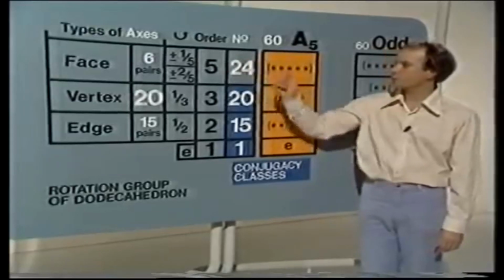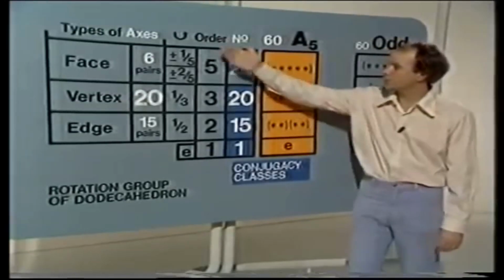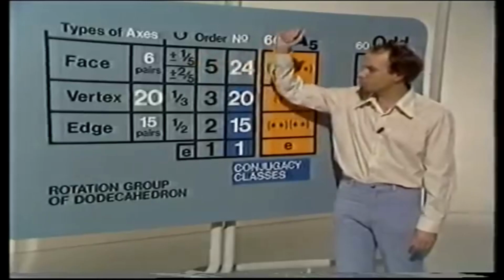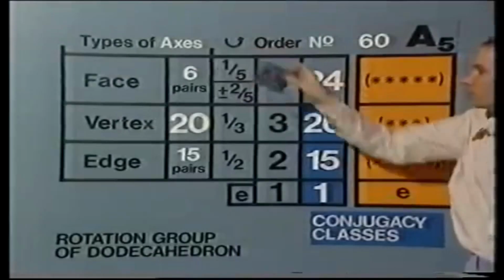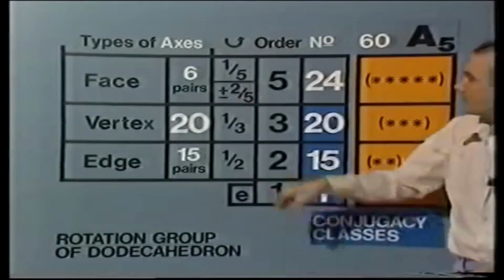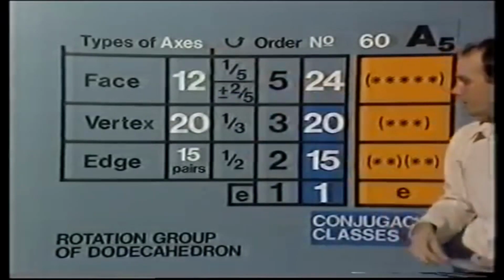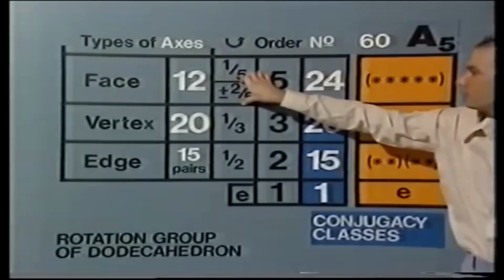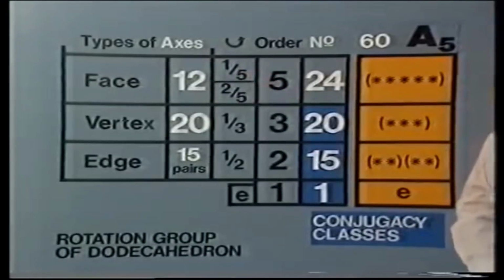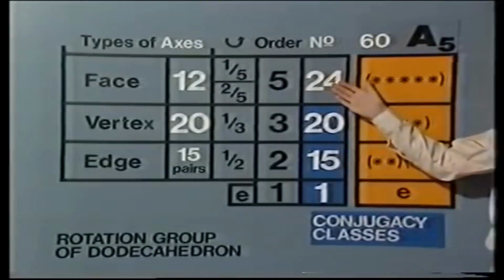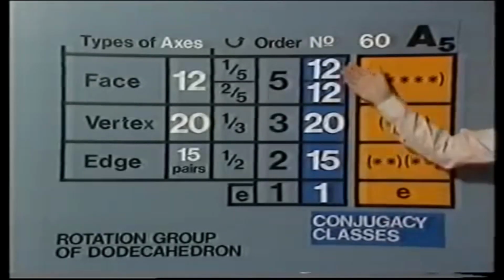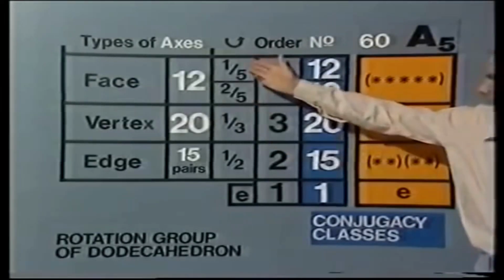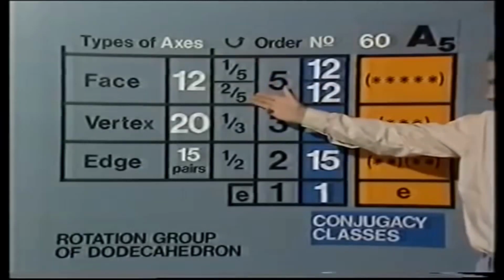So, the 6 face axis rotations through plus 1/5 and the 6 through minus 1/5 can each be thought of as the same operation, rotation through plus 1/5, about axes at 12 different faces, and similarly for the plus or minus 2/5. So the 24 face axis rotations split into at most two conjugacy classes of 12 elements each, the 1/5 class and the 2/5 class.